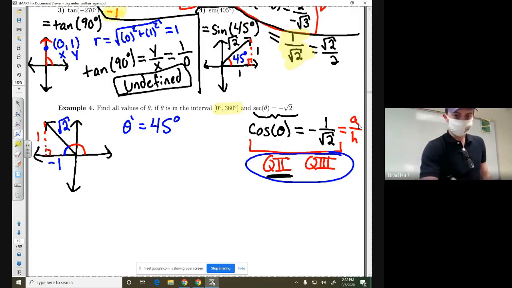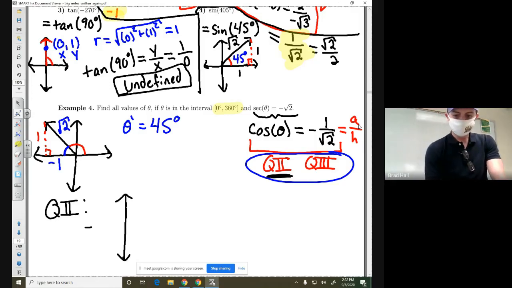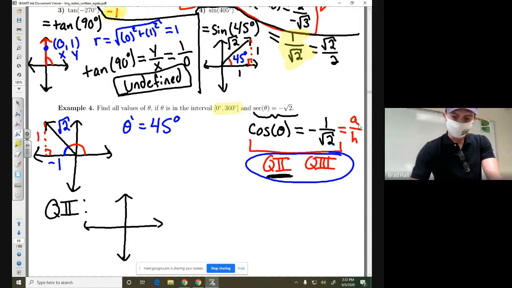Well, we'll start off with quadrant 2. In quadrant 2, we know that the reference angle is 45.